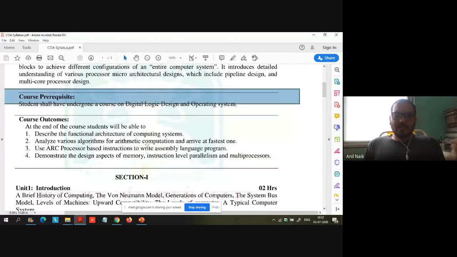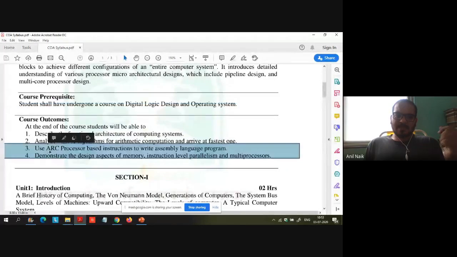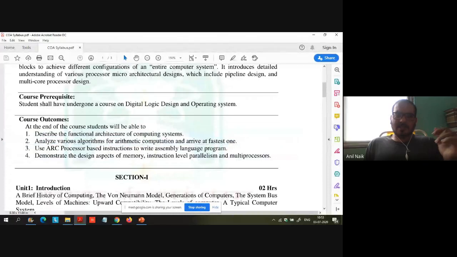You will analyze various algorithms for arithmetic computation and arrive at the fastest one. Means you will study the fastest algorithm for multiplication, division, and also the ARC processor, a RISC processor. RISC and CISC are architectures of computers.